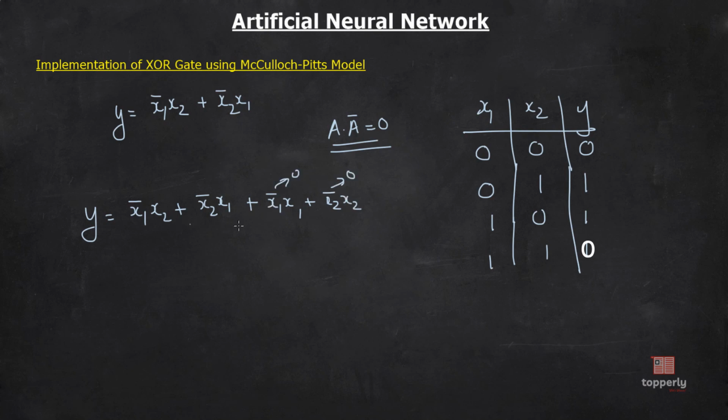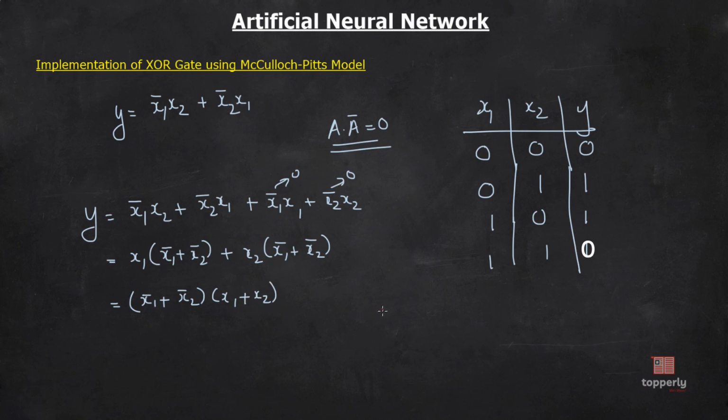Therefore, it doesn't change the equation. Now, using distributive law, I will write this as x1 bar plus x2 bar plus x2 into x1 bar plus x2 bar, which can again be written as x1 bar plus x2 bar into x1 plus x2, right?